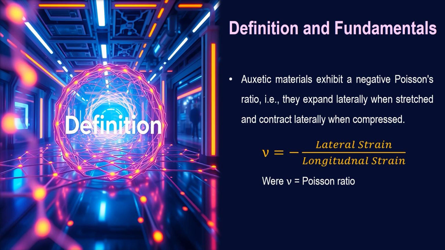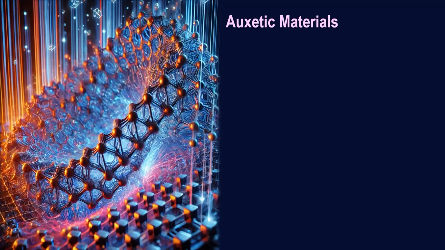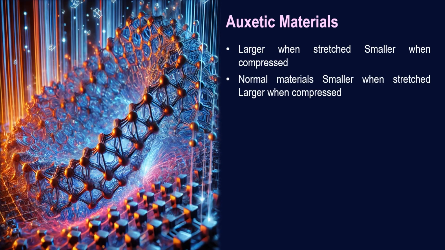We are basically interested in using this behavior for developing some 4D material which can be stimulated using, let us say, the physical load or any other stimulus for a controllable behavior. So exotic material normally has two specific properties: larger when stretched and smaller when compressed.